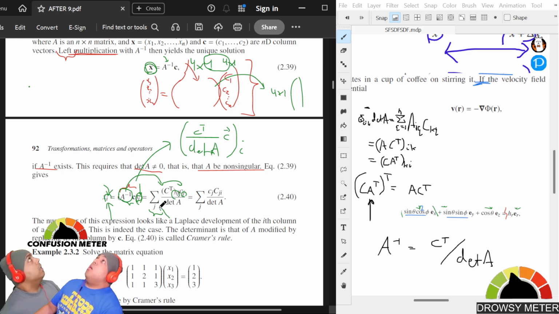I guess I don't understand too much of Einstein notation.